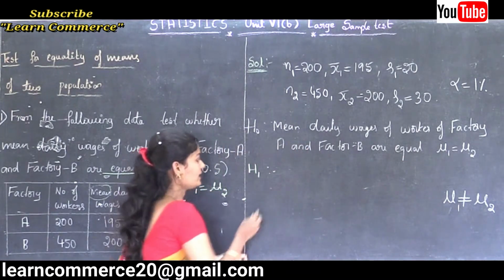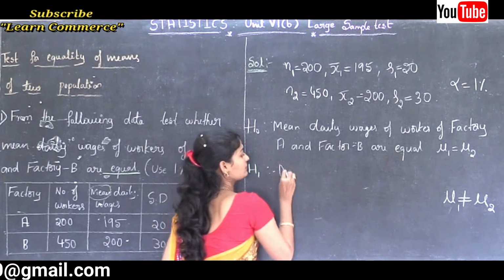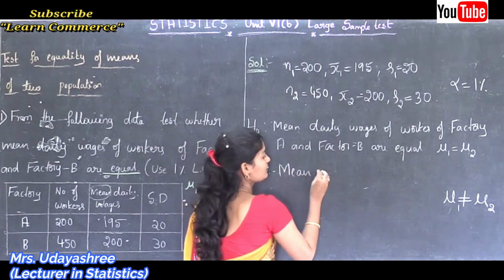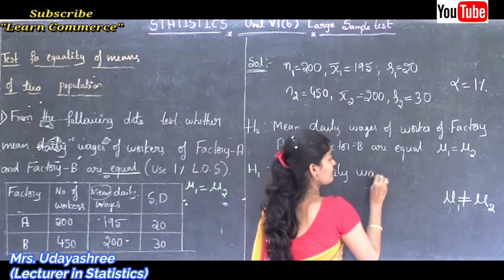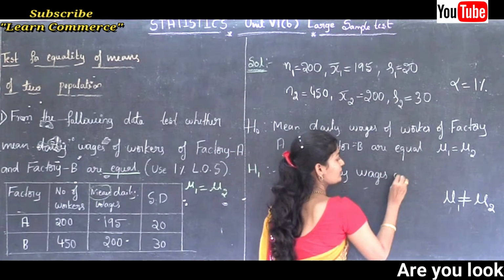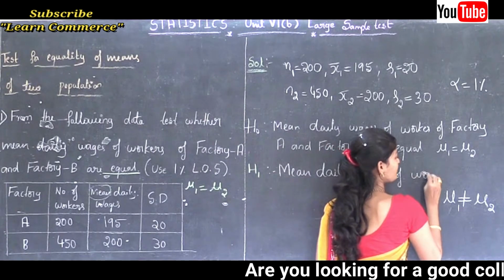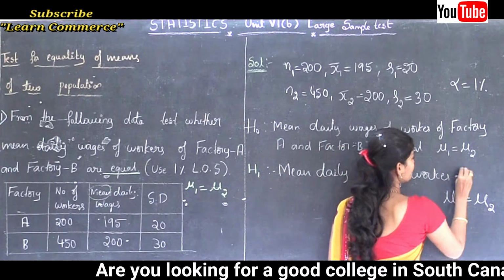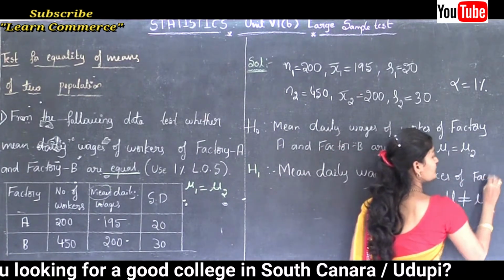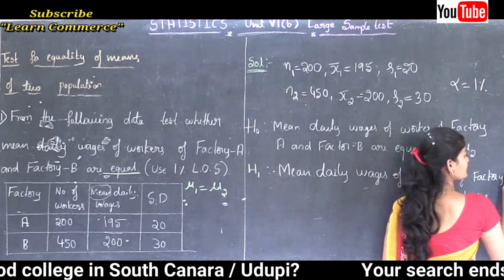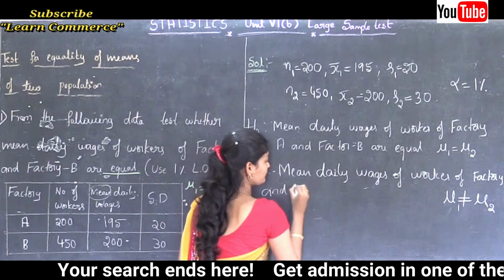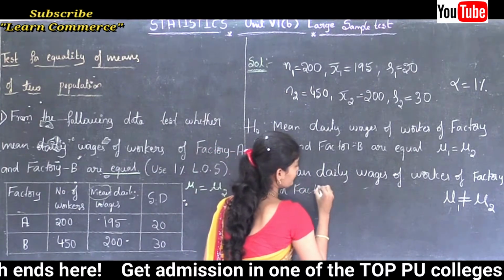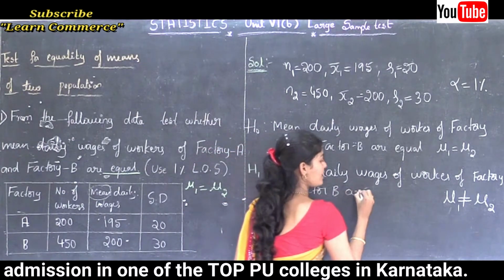So H1: mean daily wages of workers of factory A and factory B are not equal.